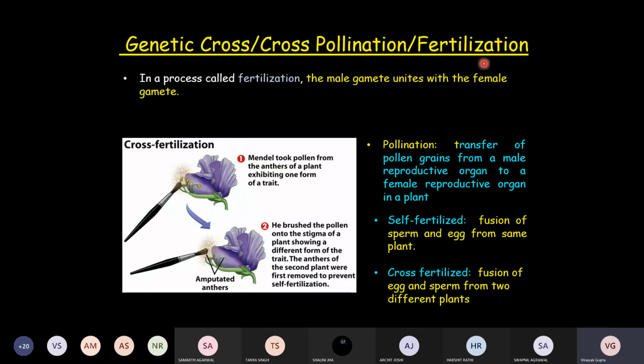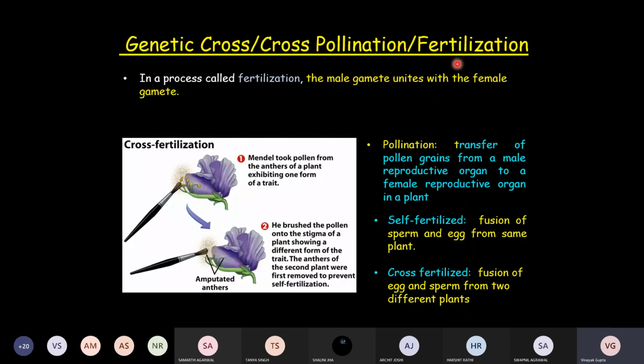These three words are synonymous to each other. We can say genetic cross, cross pollination, or fertilization. What is going to happen in fertilization? Sperm and egg cell are going to fuse. Male gamete and female gamete are going to fuse together to make the zygote. That is the first cell from where life is going to originate.